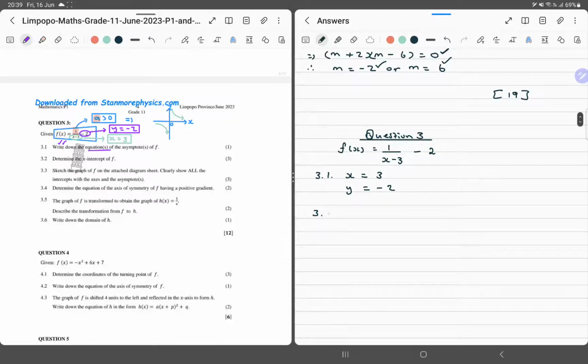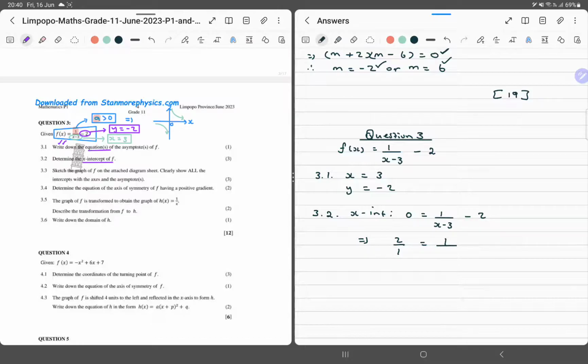Easy stuff. So 3.2 says determine the x-intercept of f. For the x-intercept, 0 is equal to 1 over x minus 3, minus 2. Now we transpose the 2 to this side and leave it as a fraction.